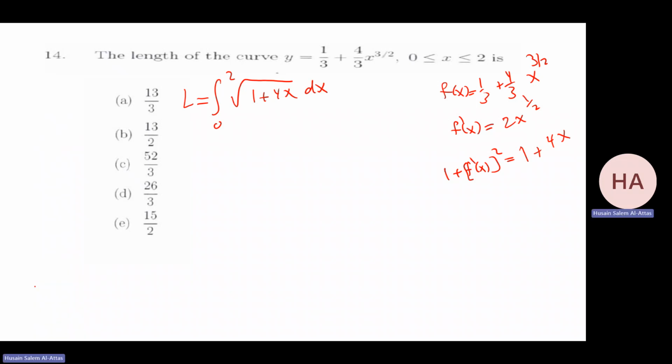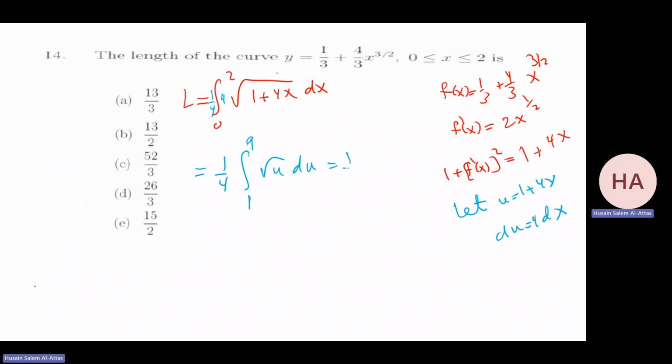Yeah, I like to do the substitution with another color. Let u equal 1 plus 4x, du will be 4 dx. So I need 4, and 1 over 4 outside. So that will be 1 over 4 integral of what? Of 1 to 9, square root of u du.